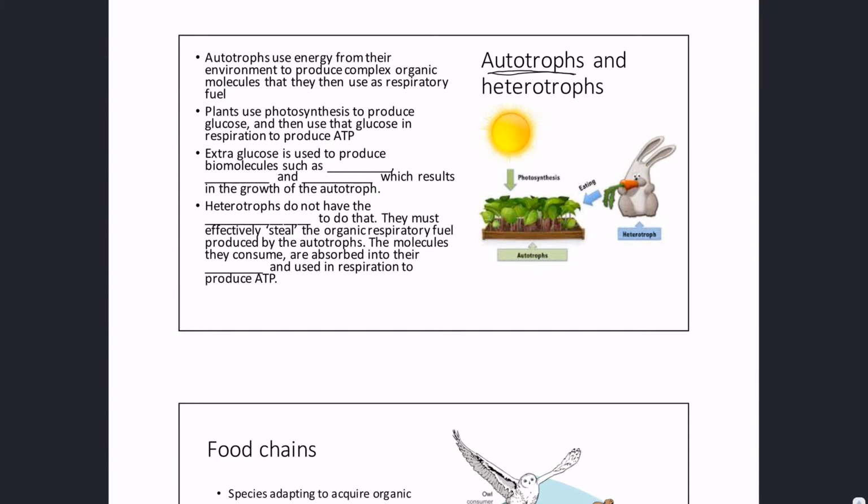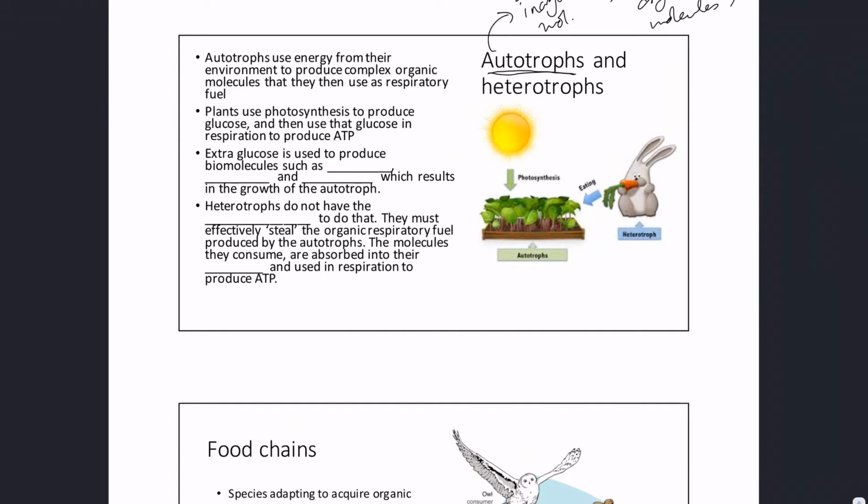Okay, so that's autotrophs. Heterotrophs, on the other hand, cannot synthesize their own complex organic molecules. So, for example, let's just rewind a little bit. Autotrophs, via photosynthesis, convert simple inorganic molecules into complex organic molecules. Okay, so autotrophs can convert simple inorganic molecules, carbon dioxide and water, into complex organic molecules such as glucose, such as starch, and so on.